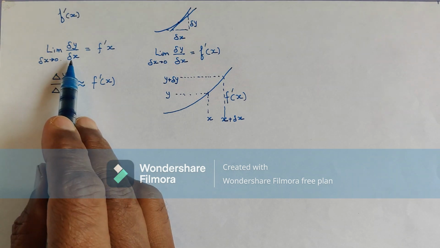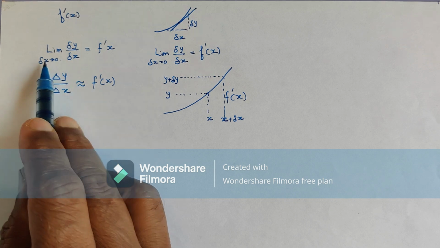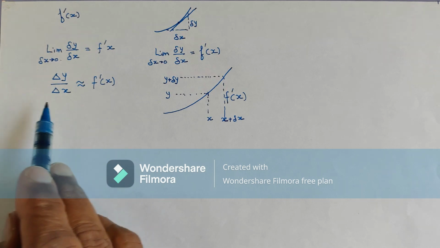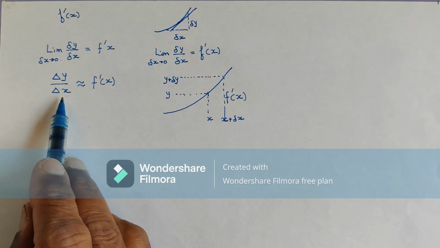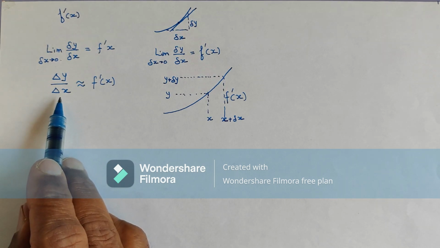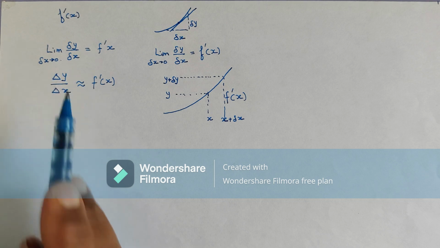Notice this delta is used to denote quantities which are very, very small, infinitesimally small, approaching 0. This delta is used for change in the value of a quantity, not necessarily infinitesimal.